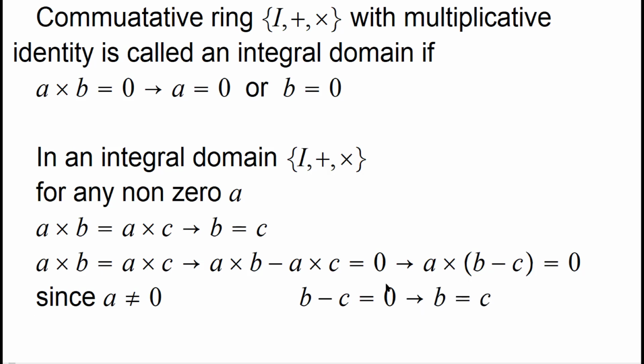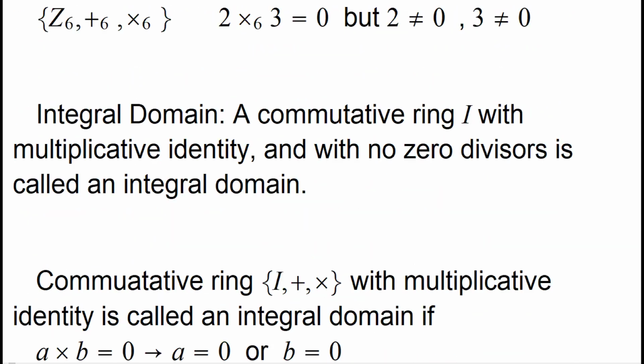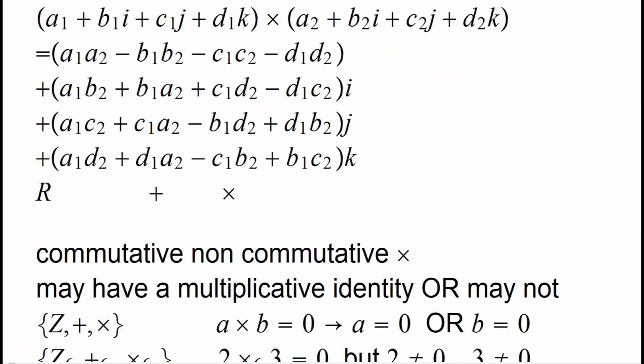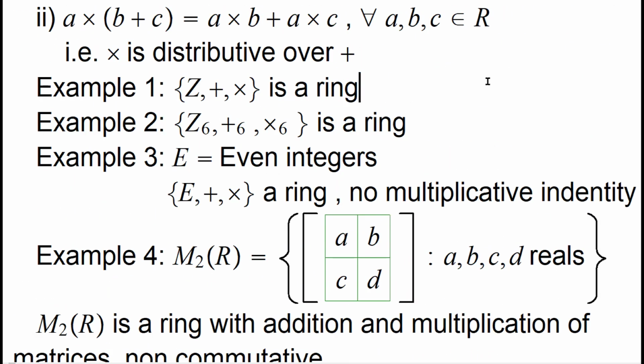The book does a good job of proving the other way around also, and many other properties like this. Okay, so what we did was we just saw two more structures, other than group. One is ring, the other one is integral domain. So if you look at this, then this is also an integral domain, right?